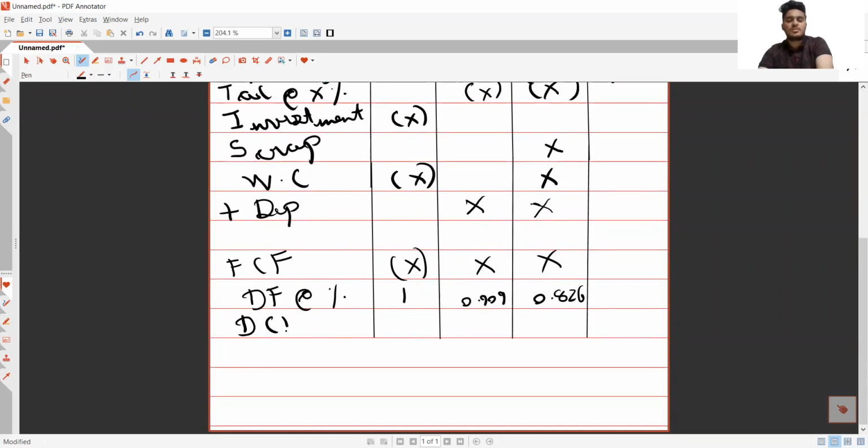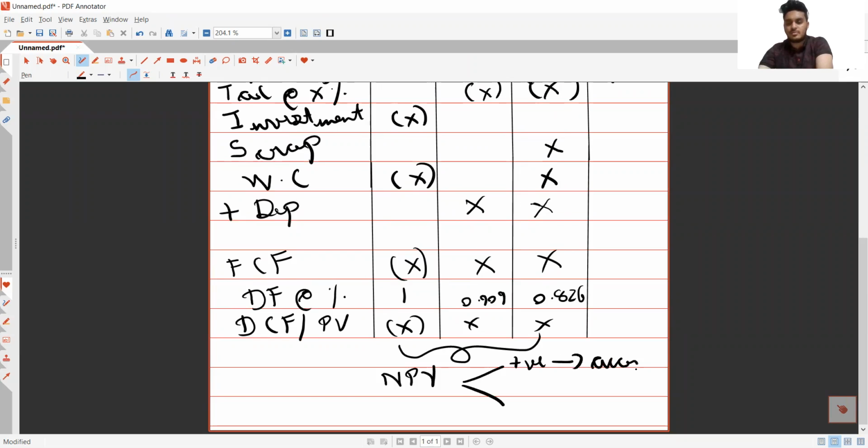Solving this, you get something called discounted cash flow or present value. You can call it anything you want. Negative. A sum total of all this is NPV. If NPV is positive, we accept the project.